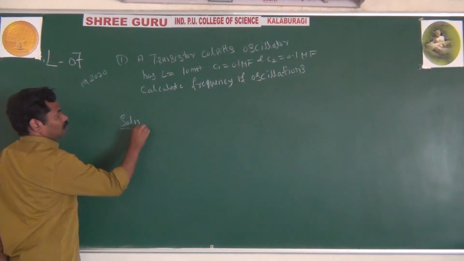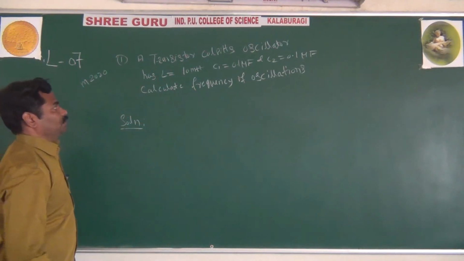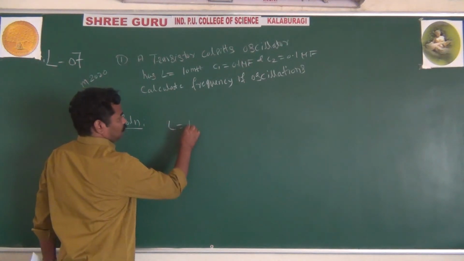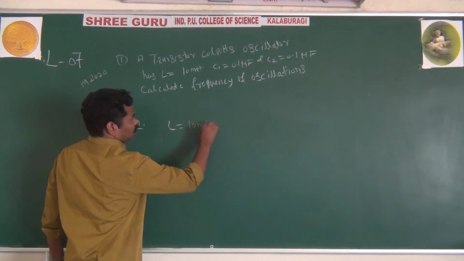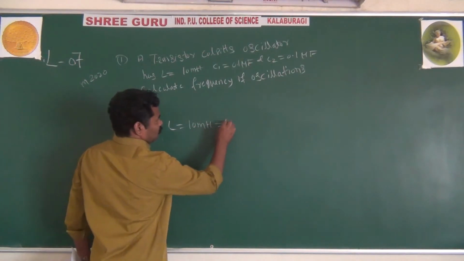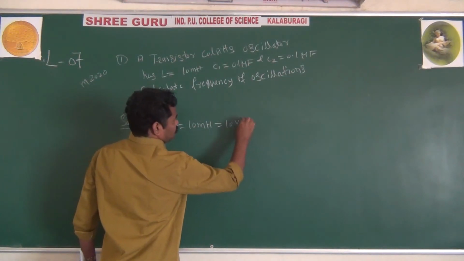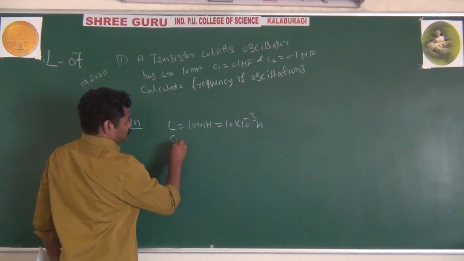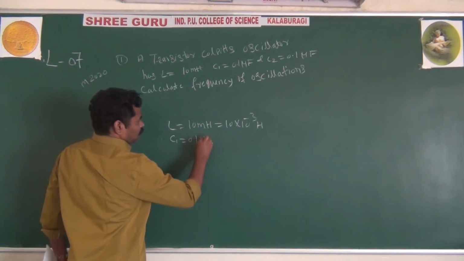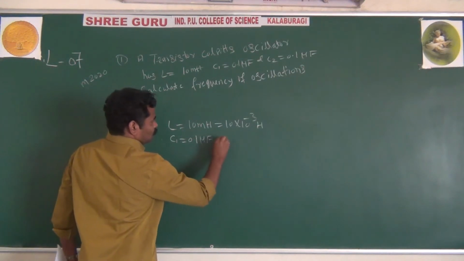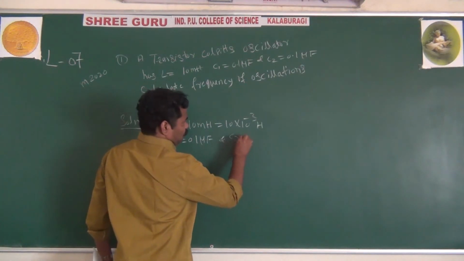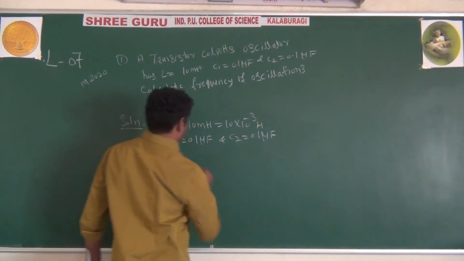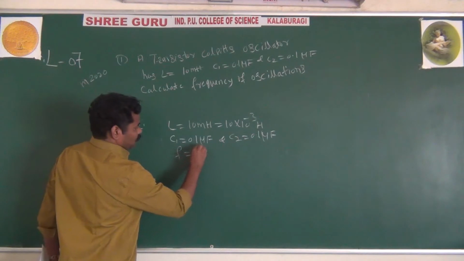Solution. First, write what are the given values. They are given L value, that is 10 millihenries, or you can write 10 into 10 to the minus 3 henries. And also they are given C1 equal to 0.1 microfarad, and also C2 equal to 0.1 microfarad, and you have to calculate F is equal to how much?